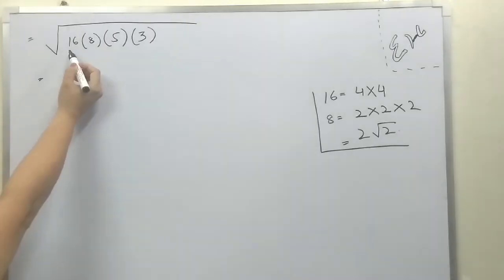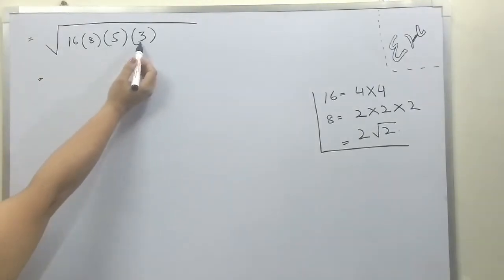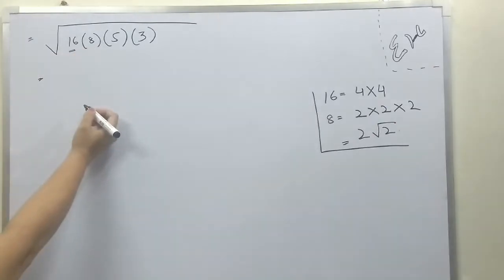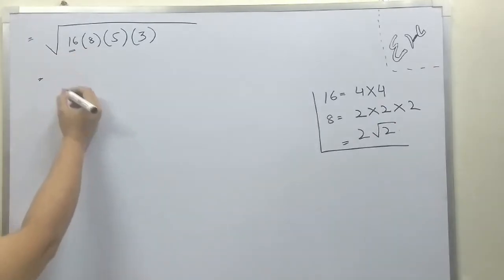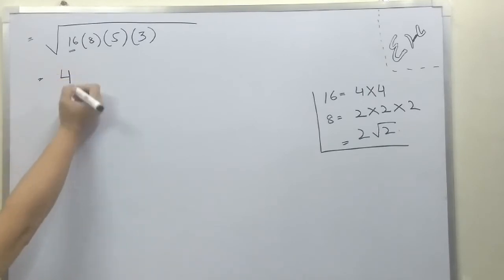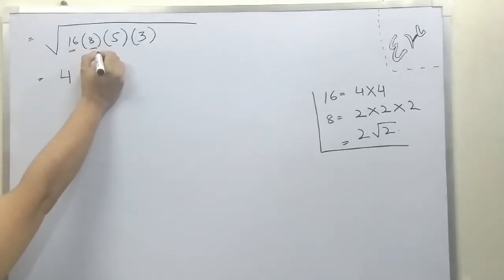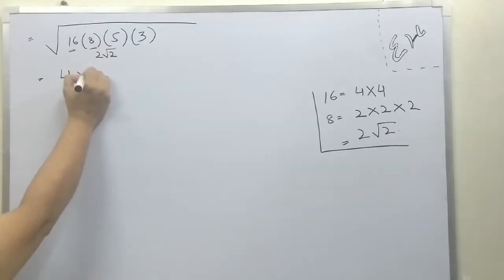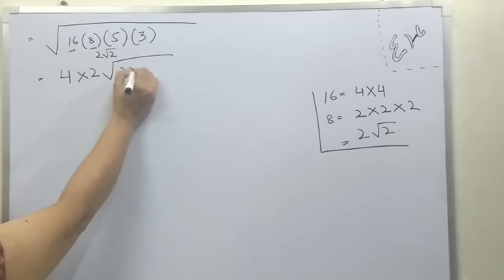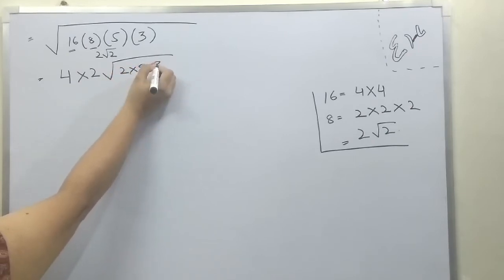Now we will get 16 into 8 into 5 into 3. Now you can write 16 as 4 into 4, so you can take 4 out here, and 8 you can write as 2 into 2 into 2, so you can take 2 also out. You will be left with 2 into 5 into 3.